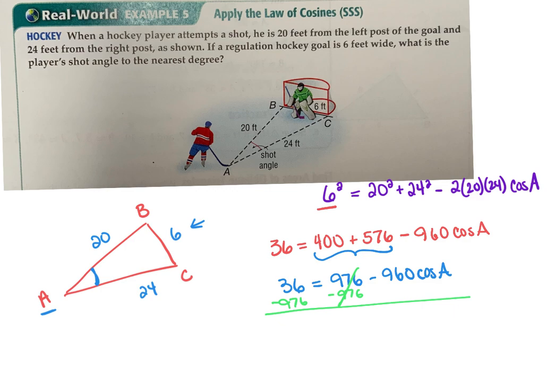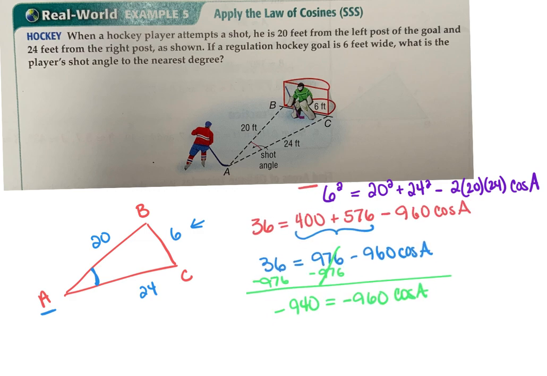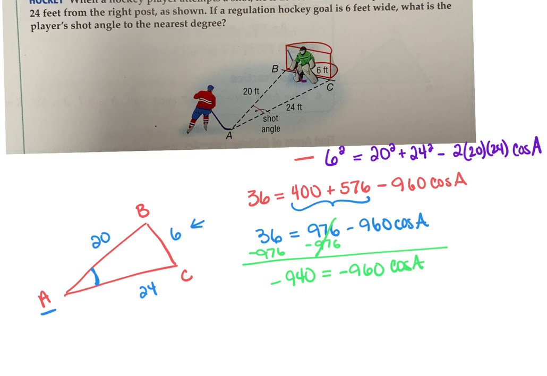36 minus 976. All right. What do I do here? I divide, right? So divide both sides by negative 960. So we have the cosine of A equals, and negative divided by negative is a positive, 940 divided by 960. What function am I going to use if I need to find the angle?